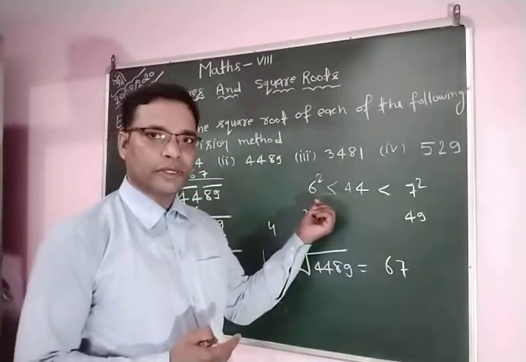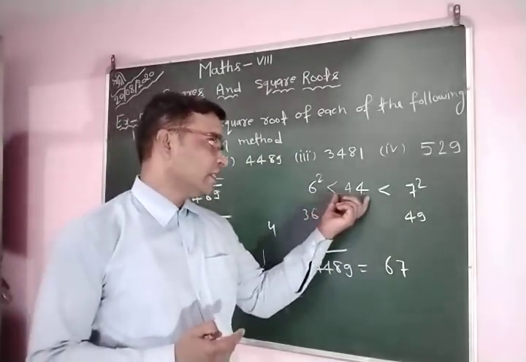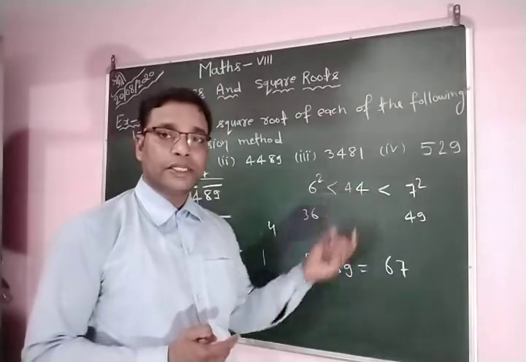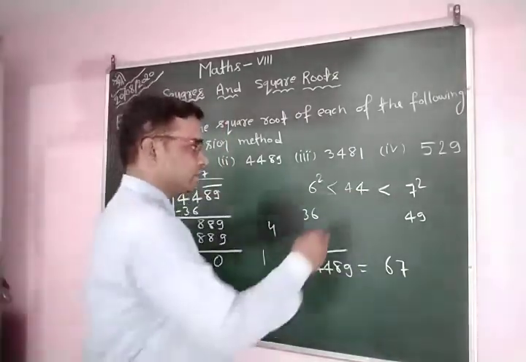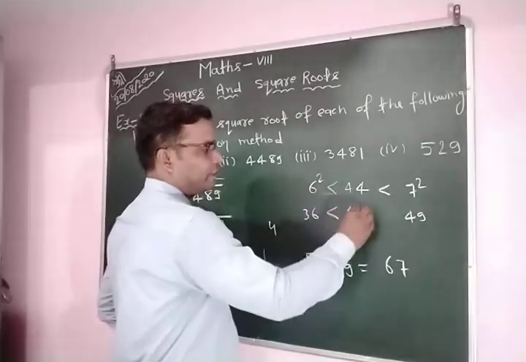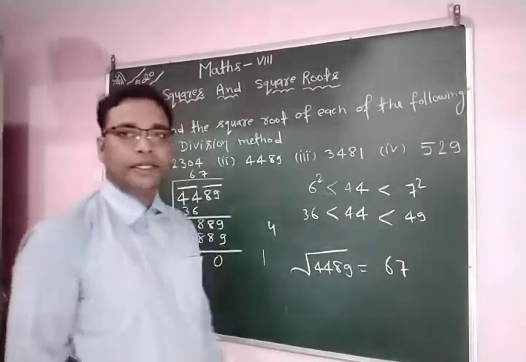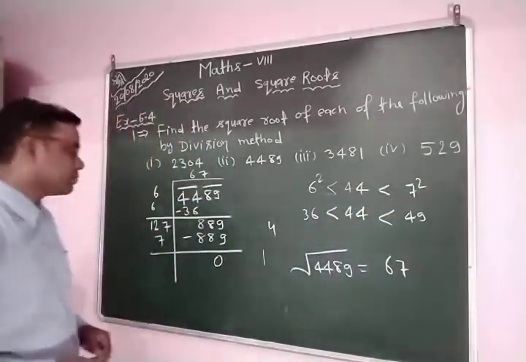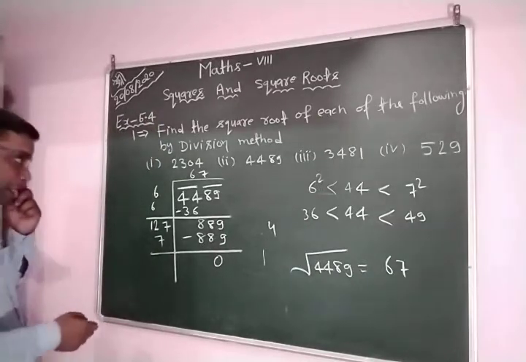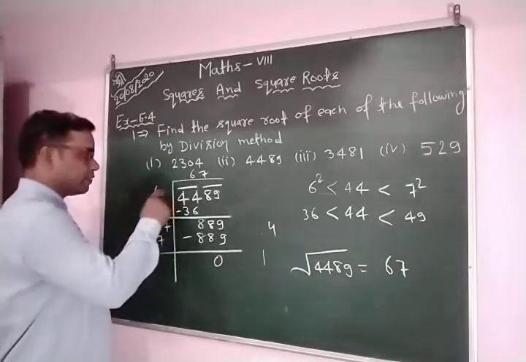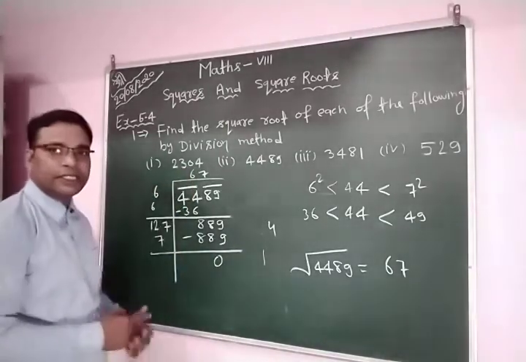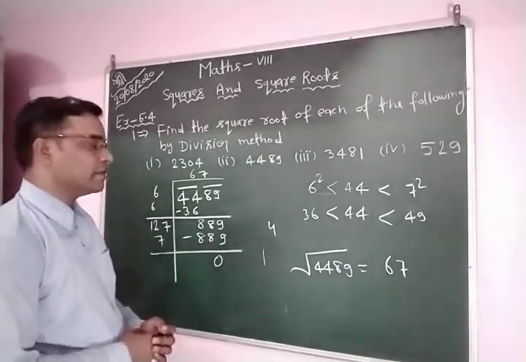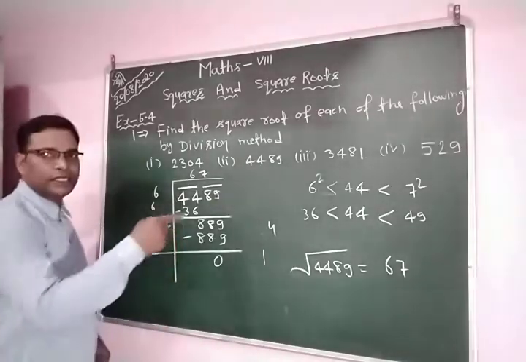You can see here 44 is greater than the square of 6 and less than the square of 7. We write this 6 because the square of 6 is the nearest below 44.